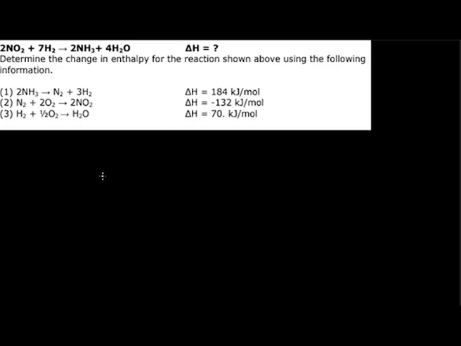So, the best way to go about solving this problem is manipulating the three equations to fit our desired equation, and by doing so, we will manipulate their delta H's. After that, we can add up the delta H's to determine the delta H for this equation. So, let's begin by rewriting these equations.